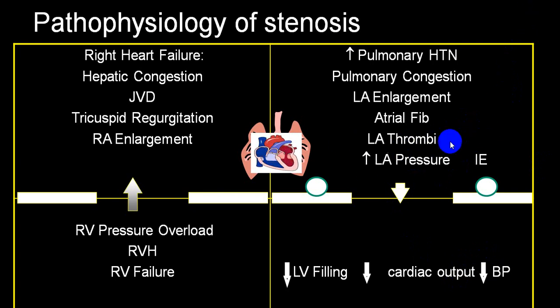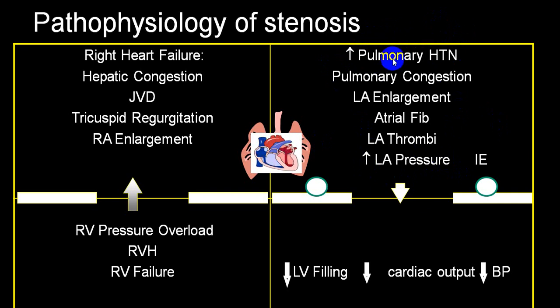Left atrial pressure is elevated because there is an increased workload, which we call afterload on LA, producing increased LA pressure, that will cause increased pressure in the pulmonary vein. So pulmonary venous pressure will be elevated.